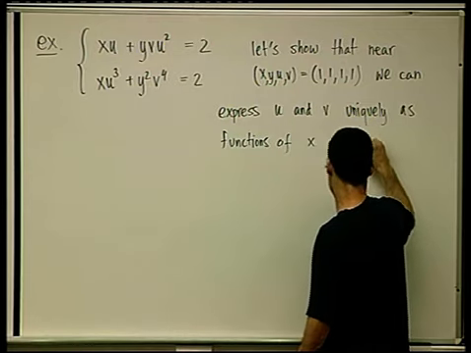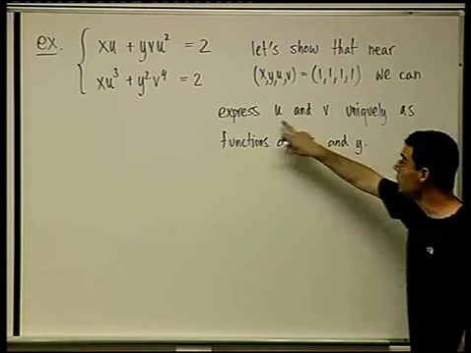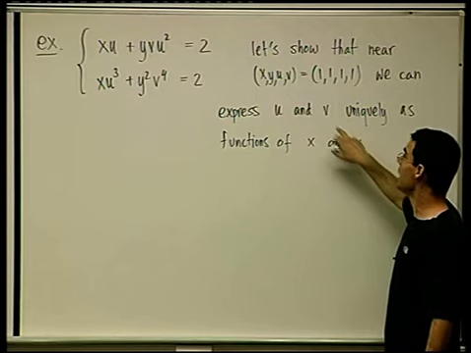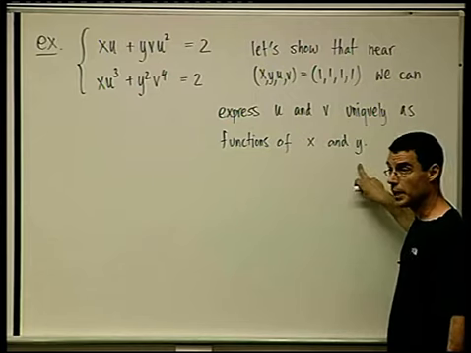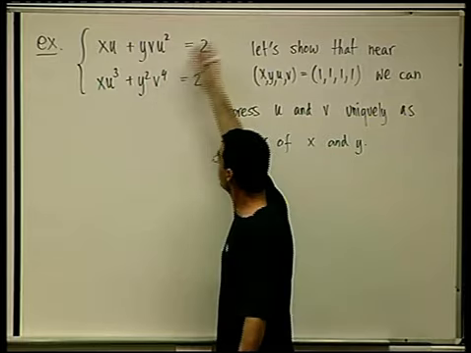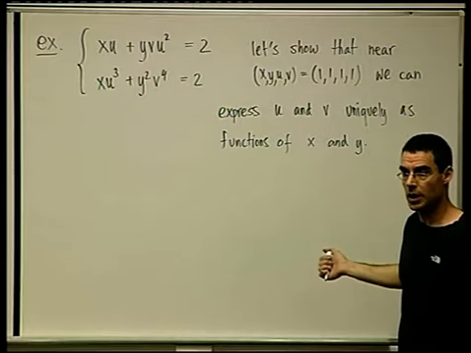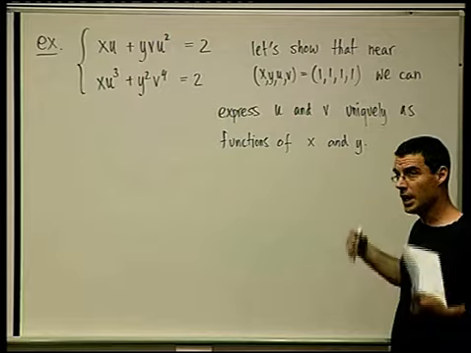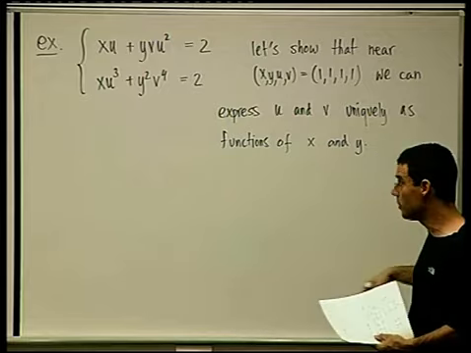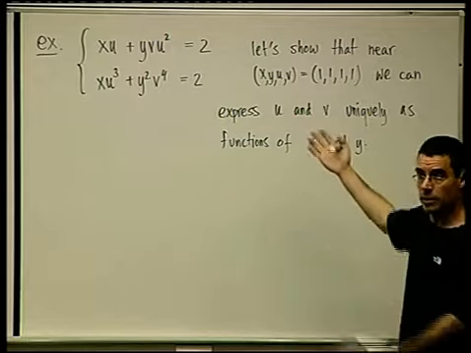So I want to write u as a function of x and y, and v as a function of x and y, such that when I plug them in here, they satisfy these two relations. Do you see the spirit of the implicit function theorem applied to something more general?